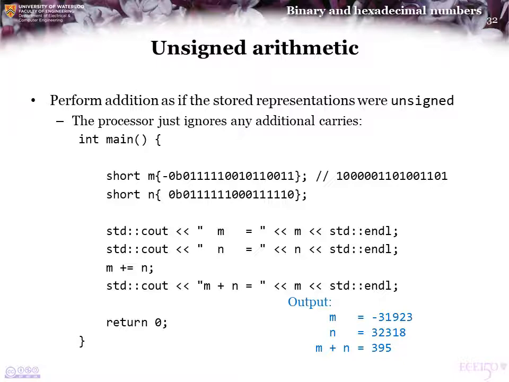So let us say we have these two signed short values stored in m and n. The first one is smaller, being negative, than the second one, and therefore their sum should be positive. And we see that yes, indeed, the sum of these two integers is 395.